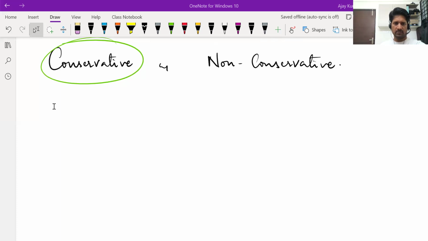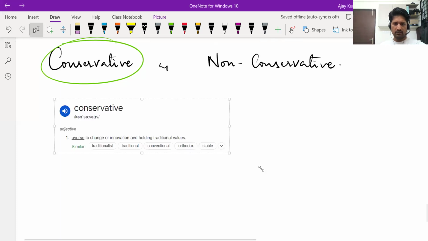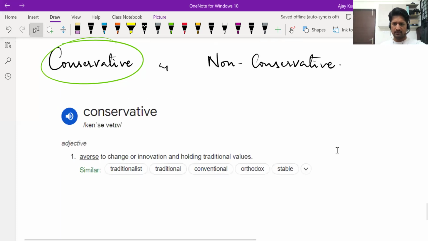Anyway, Google gave me this meaning. Averse to change. Averse means against. So not willing to change. That is what is conservative. So basically they keep something preserved as it is. They don't allow something to change. So basically conservative forces keep something constant.